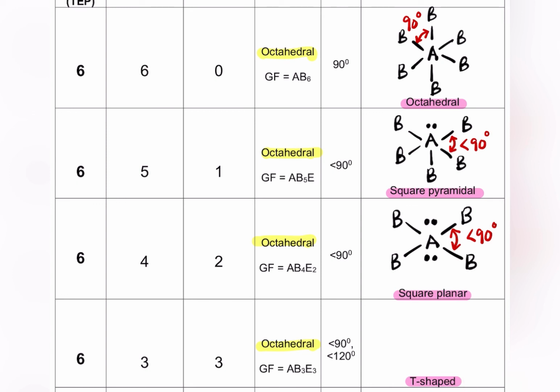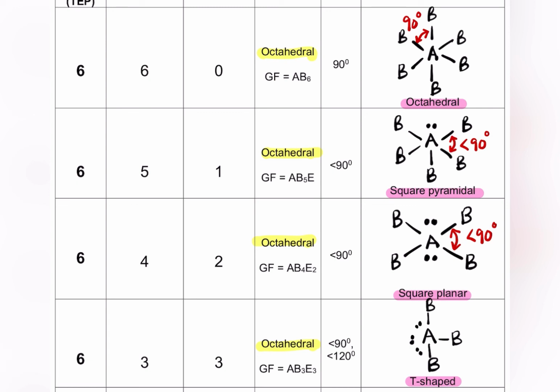So, how you want to make it as T-shape, saya akan draw A dahulu. Bonded to 3 bonding pairs. 1, 2, 3. And what's next? You got another 3 lone pairs at A. 1, 2, 3.